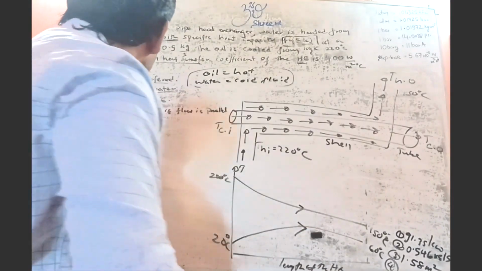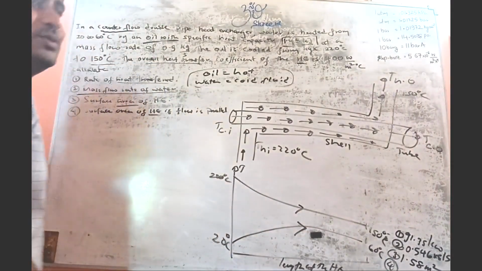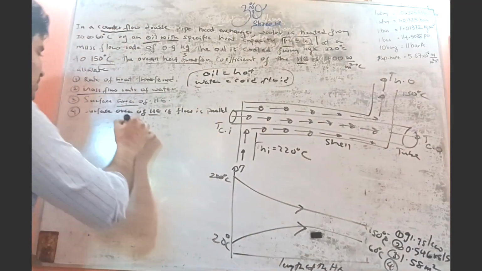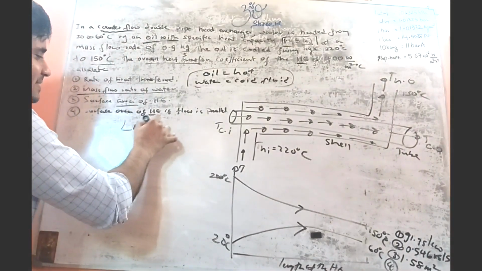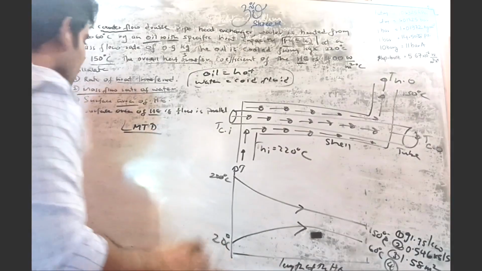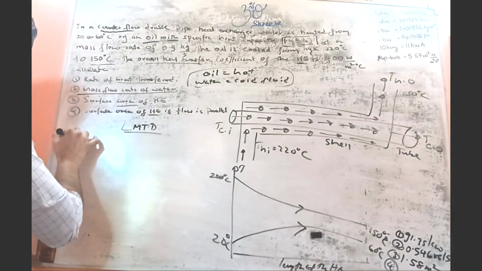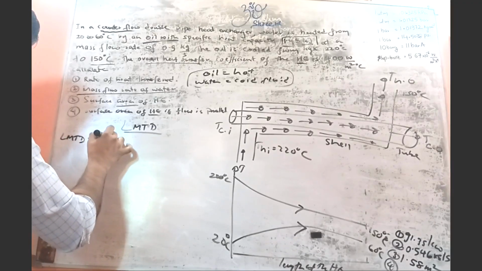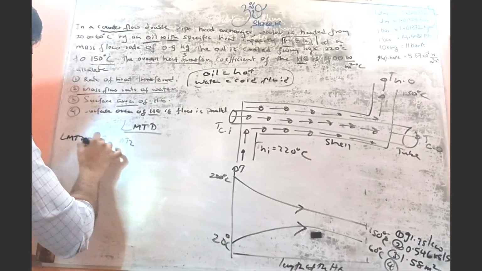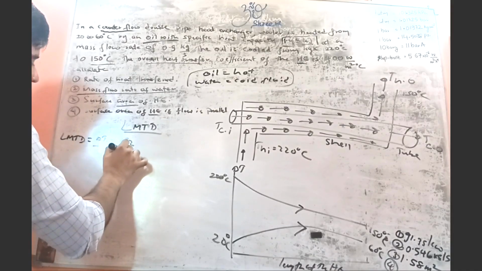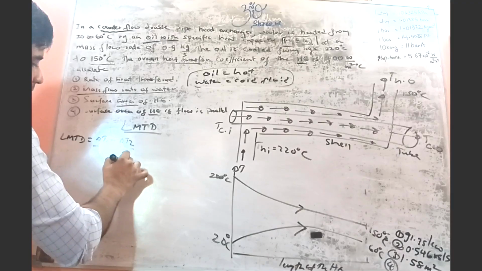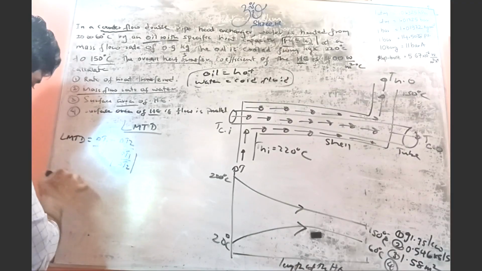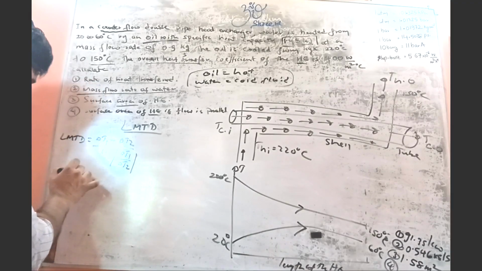Now, how can we calculate LMTD? The target is LMTD. What is LMTD? Logarithmic mean temperature difference is delta T1 minus delta T2 divided by ln of delta T1 divided by delta T2. Here, what is delta T1?